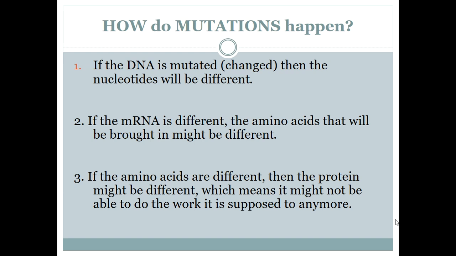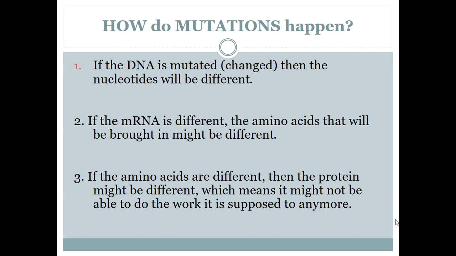So mutations can happen through a few different ways. Some of them we actually have genetic predispositions to, and some of it actually comes from environmental influences, such as UV radiation, for example. So if the DNA is mutated or changed, then the nucleotide sequence will be different. That's what's actually changing, the order of those bases.